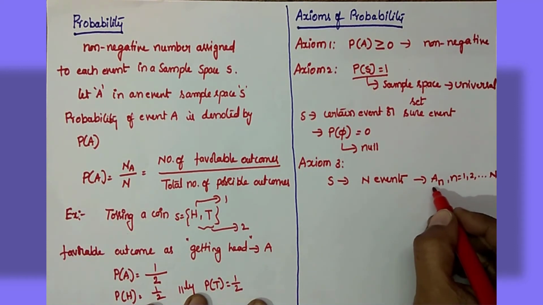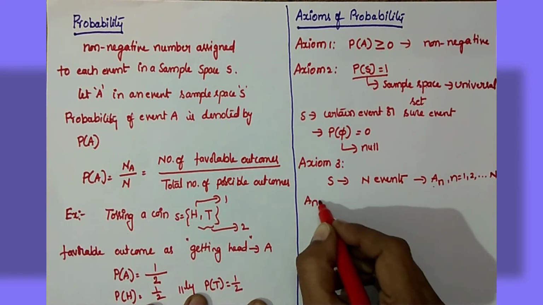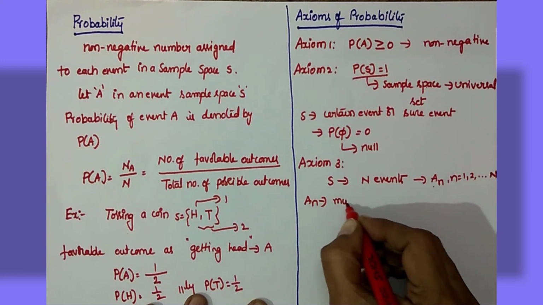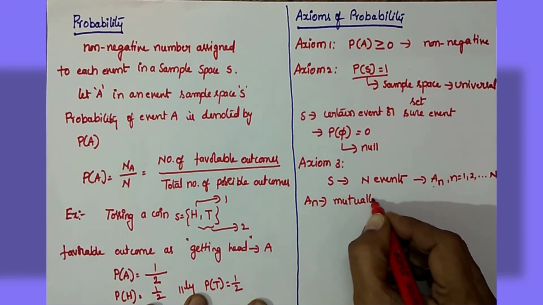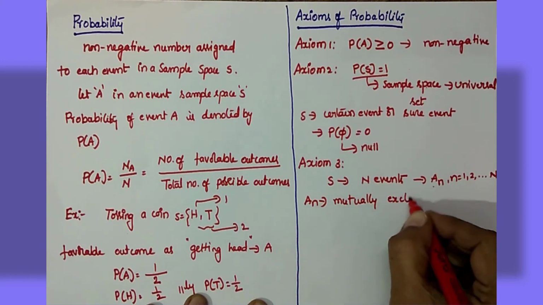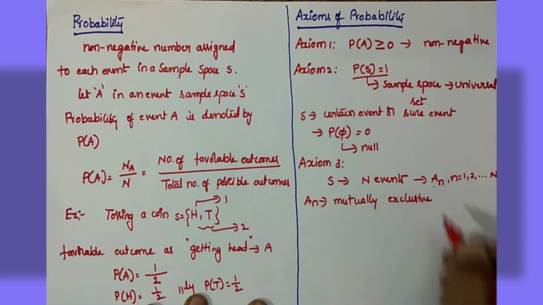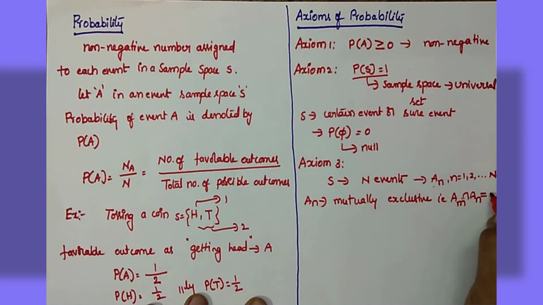And if all these An are mutually exclusive, that is, Am intersection An is always phi.